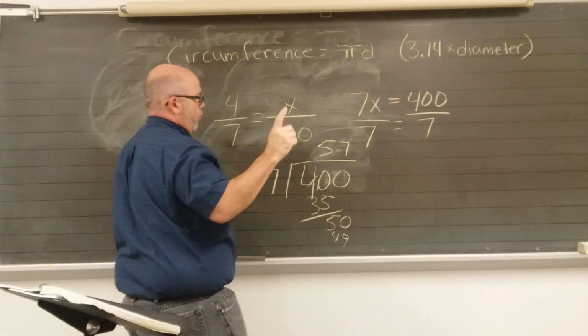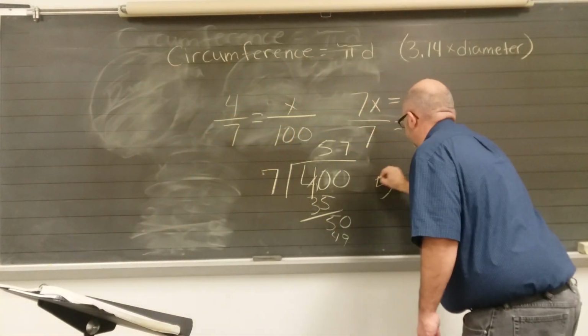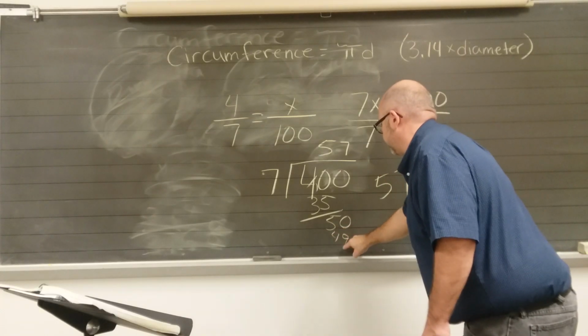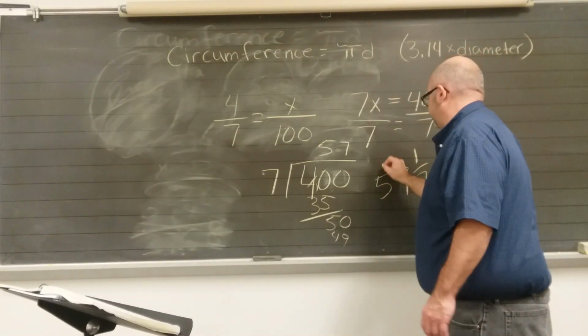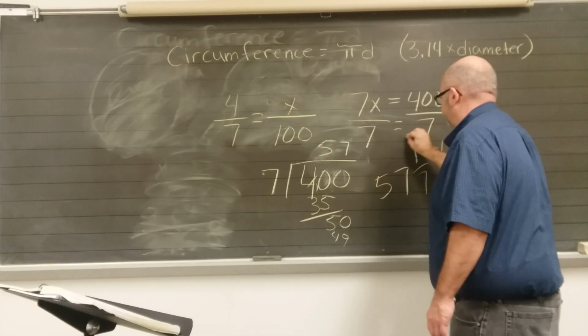You'll have a remainder of 1. So make that 57 and 1/7. You'll have a subtract here. Hope you can see it. 57 and 1/7 percent. Okay, you're looking for percent.